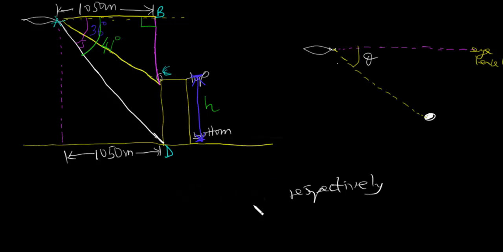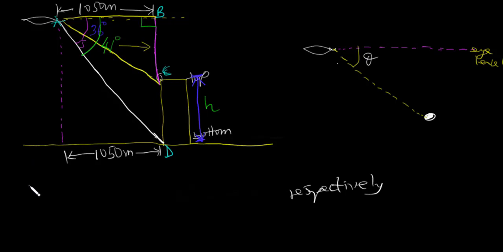So let's do it this way. There is a right angle triangle, and the side BD, the side from B to D of the right angle triangle, faces the angle 41 degrees. In other words, this side is opposite to the 41 degrees.